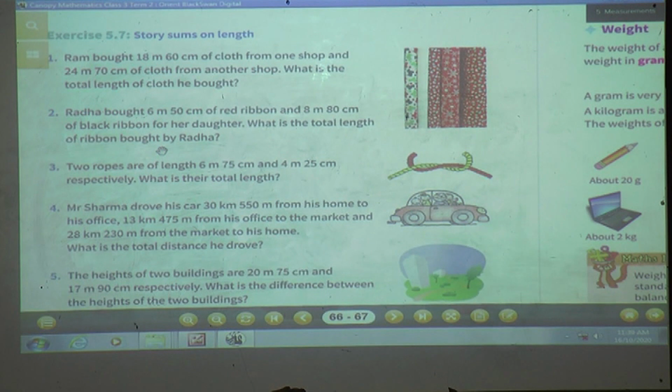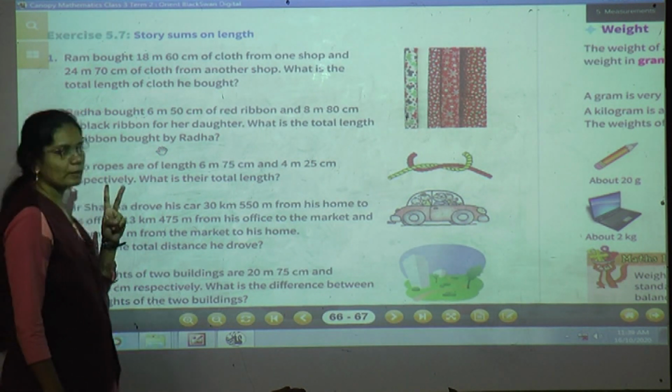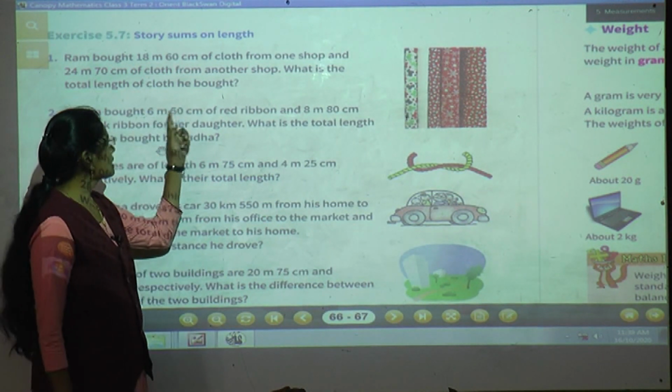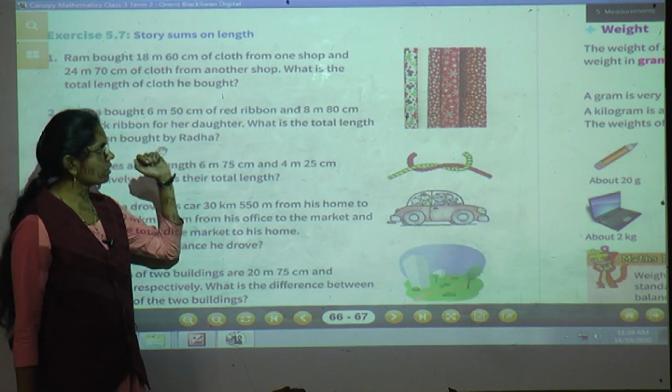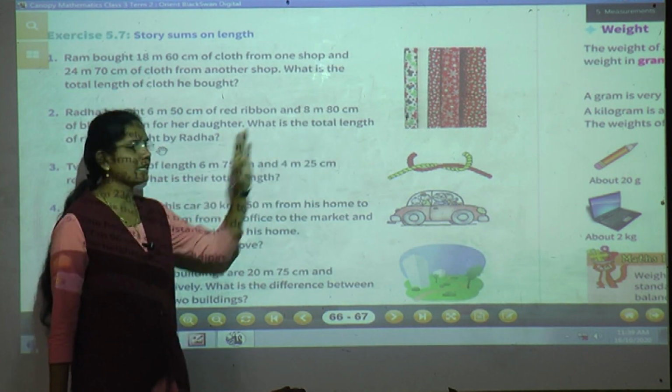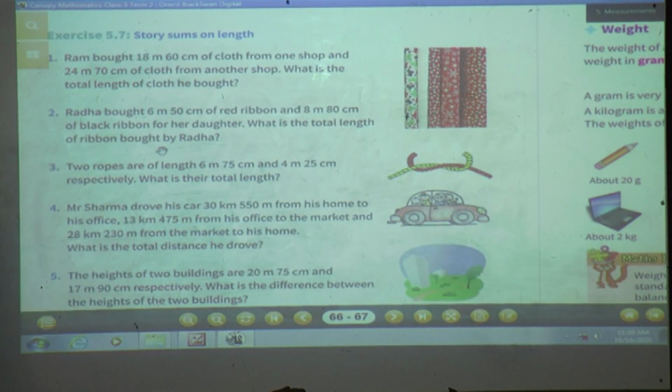See here again, what have they given us? They gave us the length of two ribbons. The length of the red ribbon is 6 meter and 50 centimeter, and the length of the black ribbon is 8 meter and 80 centimeter. And what is the question? What is the total length of ribbon bought by Radha?